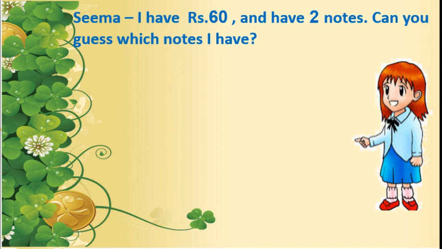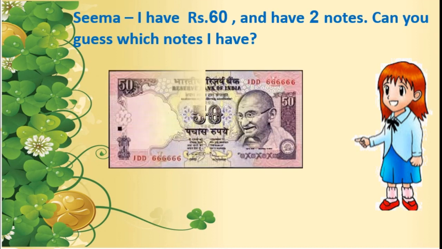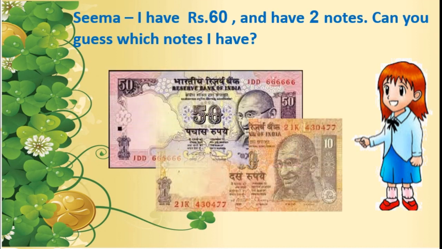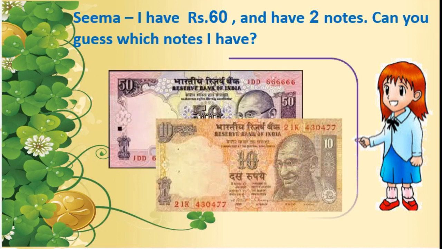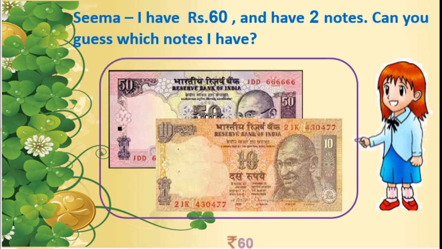No, wrong that is. She is telling that she has only 2 notes. Yes. Did you get the answer? Yes, you are right. She has a 50 rupee note and a 10 rupee note. The total is nothing but rupees 60 and only 2 notes. Absolutely right you are.